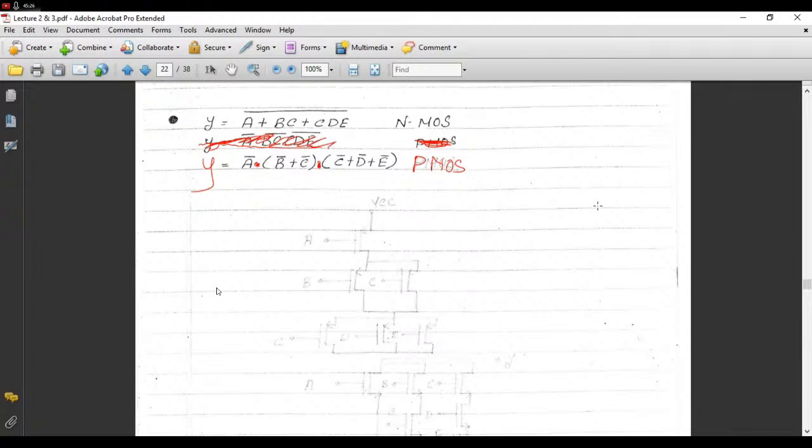So for my PMOS equation, because PMOS starts from VCC, let's start with the PMOS equation.